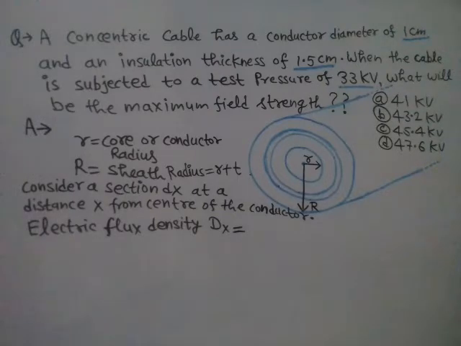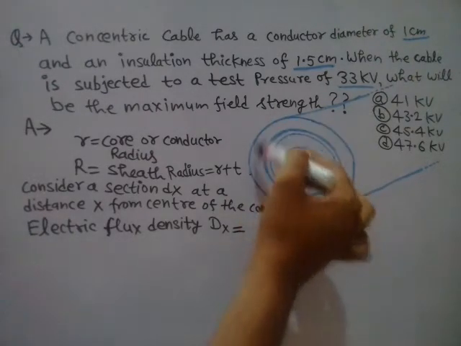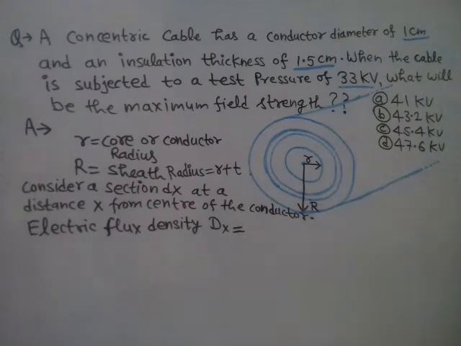So let us consider a cable. This is the underground cable, right? We know that underground cables are to be laid in areas where it is almost impractical to use overhead transmission line.